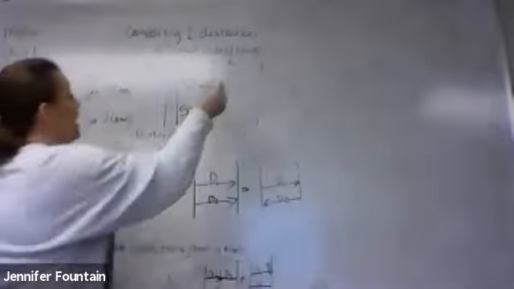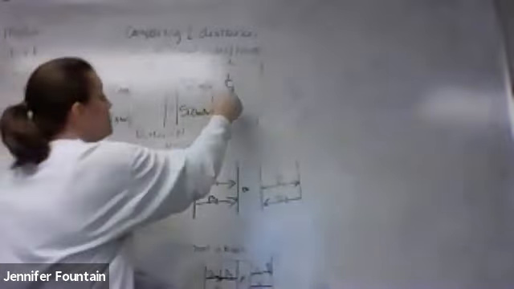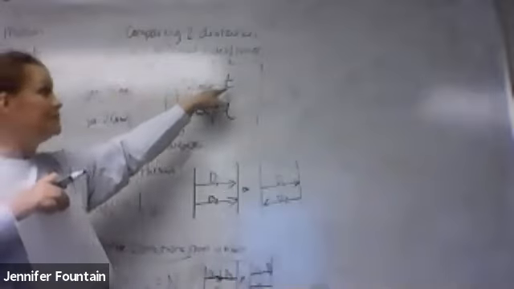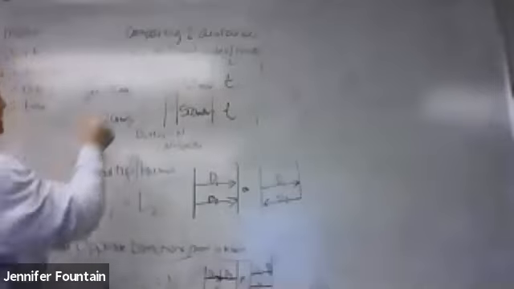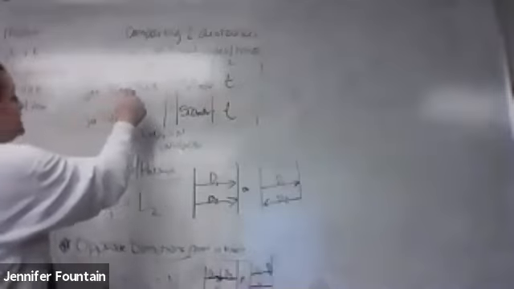T. So I know that the time of this one is the same as the time of this one, right? So now, what do we say distance is equal to? Rate times time, right? So I've got 420t going in my distance box. Is everybody good with that? So what's going in my distance for 2? 500t.